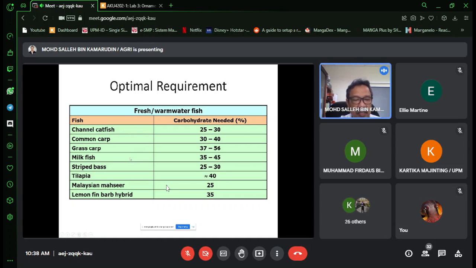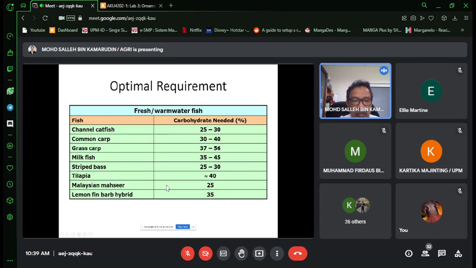Indonesia panggil banding, di Filipina dipanggil bangos. So kita ada nama-nama Melayu di Nusantara untuk ikan ini, tapi di Malaysia dipanggil kadang-kadang ikan susu. It's not ikan susu, rasa pun tak ada macam susu. Right. And striped bass 25 hingga 30.